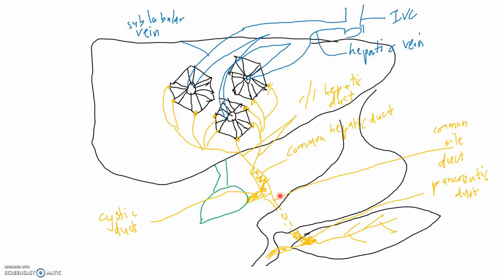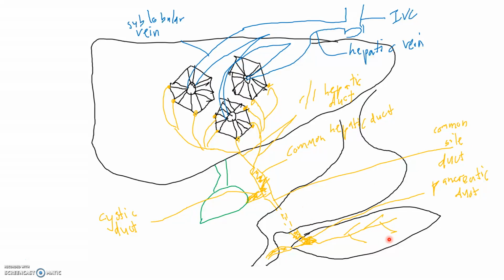One thing that you have to remember: right and left hepatic ducts will combine to form common hepatic duct and eventually be stored in the gallbladder through cystic duct. Cystic duct and common hepatic duct will combine together to form the common bile duct.